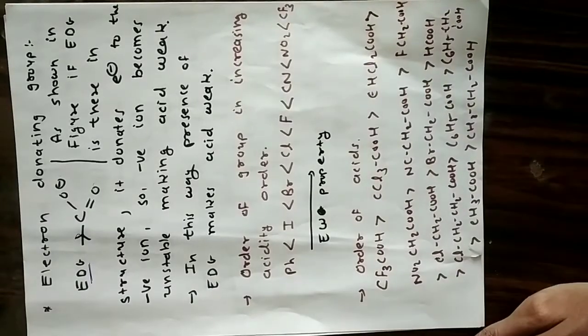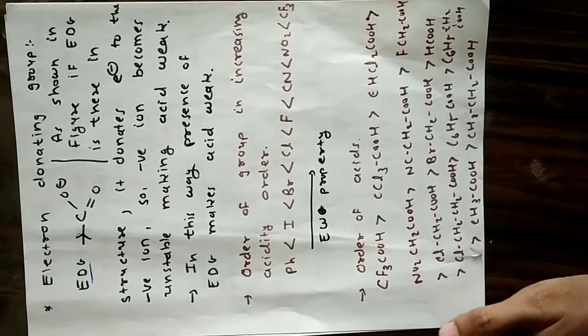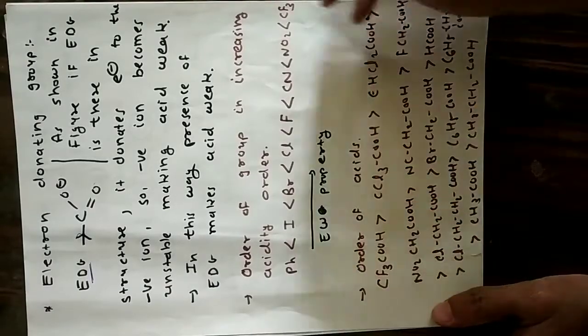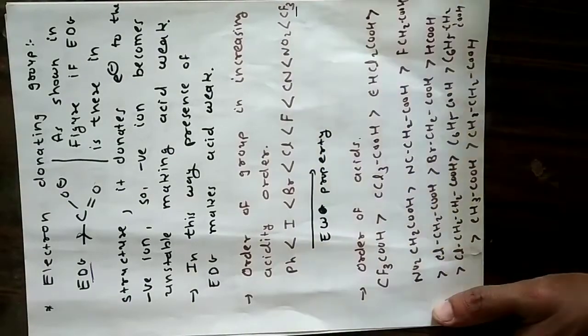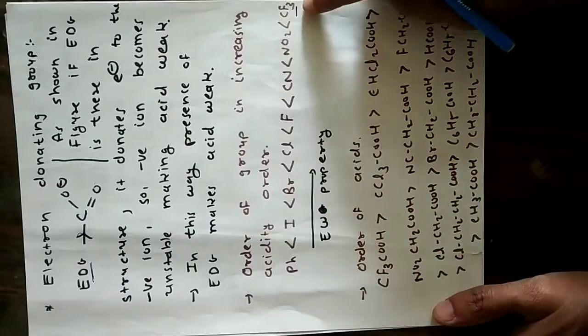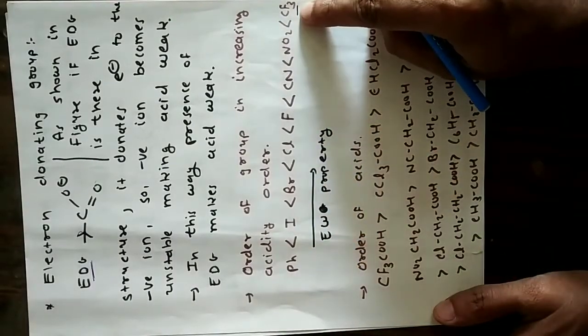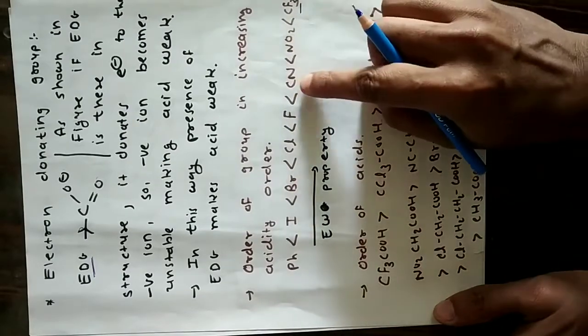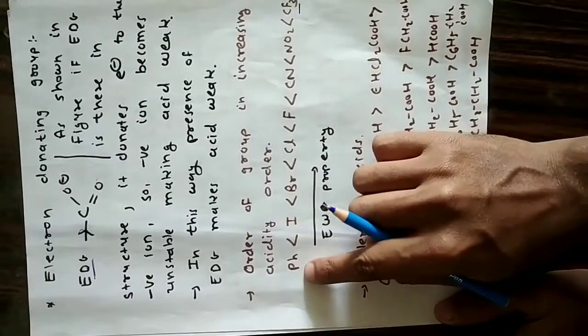Now here is the order of increasing acidity. You can see CF3, that is the most electron withdrawing group, so it increases the acidity. Then NO2, then cyanide group, then fluorine, Cl, Br, I, and phenyl group.